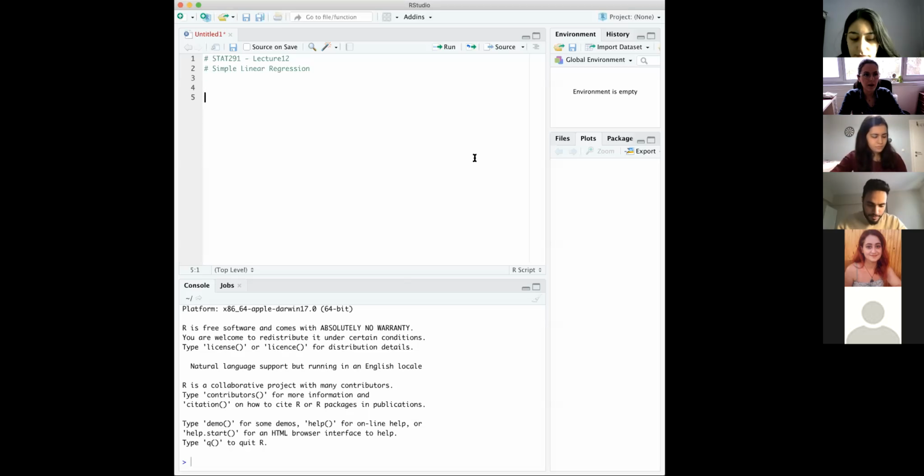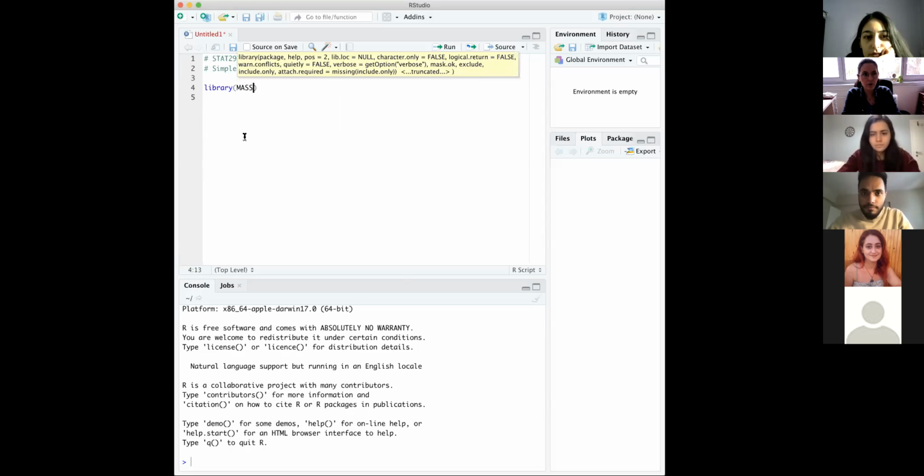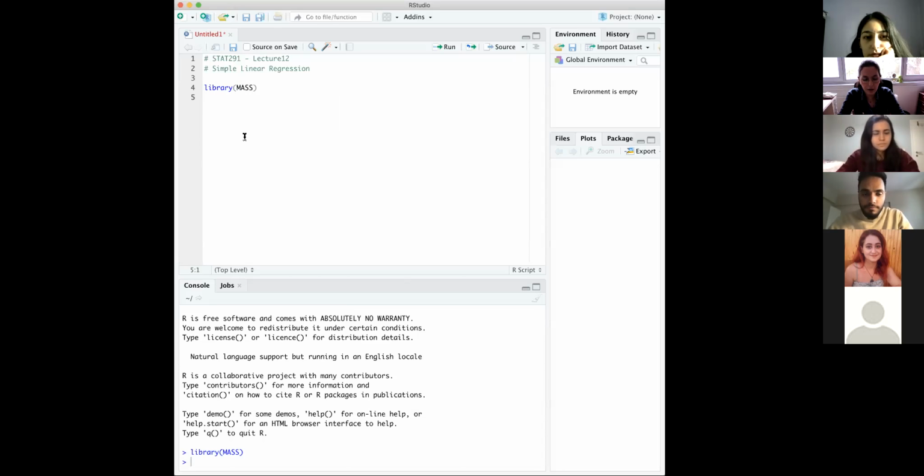RStudio is really powerful in regression and in modeling. First of all, we are going to start with a data set. I'm not sure if you are familiar with it or not. Let's see. We will first use the MASS library, sorry guys, and I'm going to use the survey data.